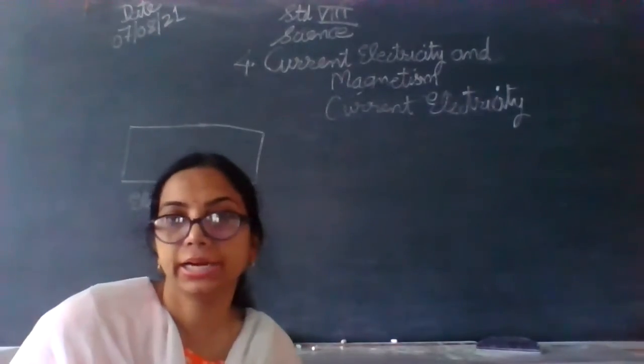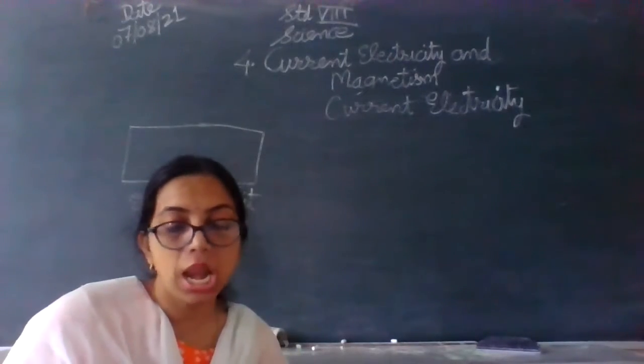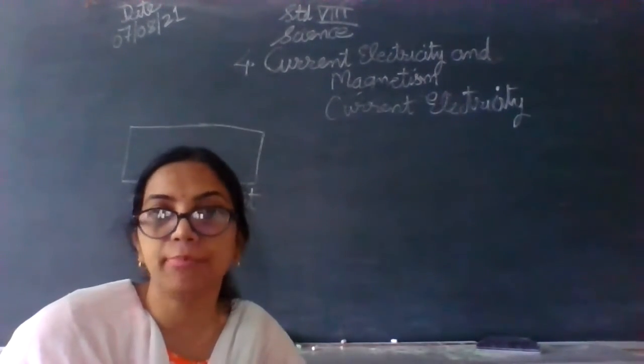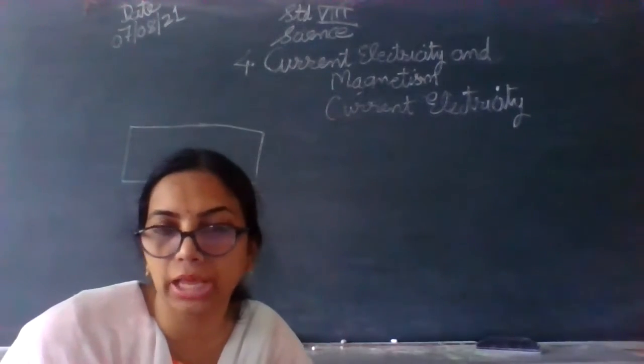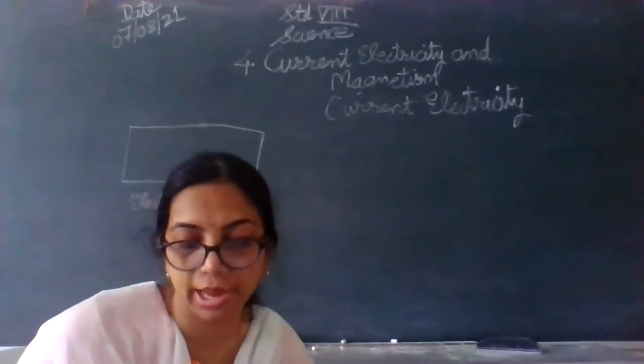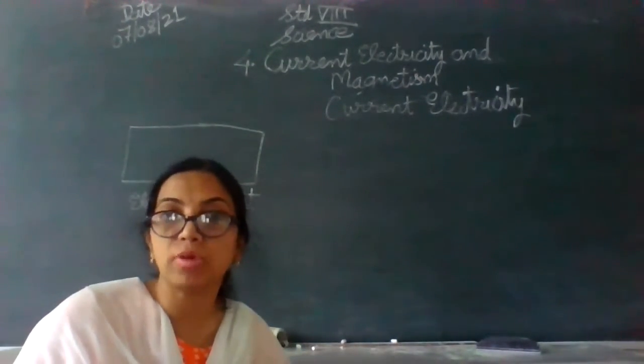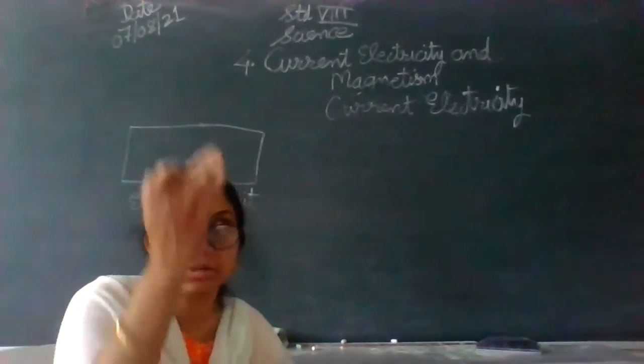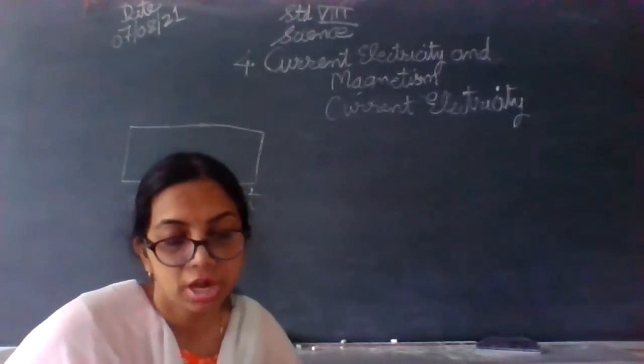So let us first of all try to understand what is current electricity. A large current flows when lightning takes place from a cloud to the ground. Before the rain you must have seen the lightning in the sky. You can feel it falling on the ground many times.